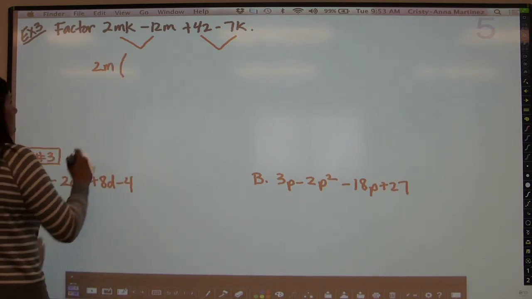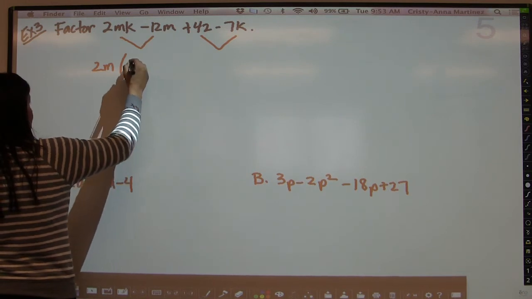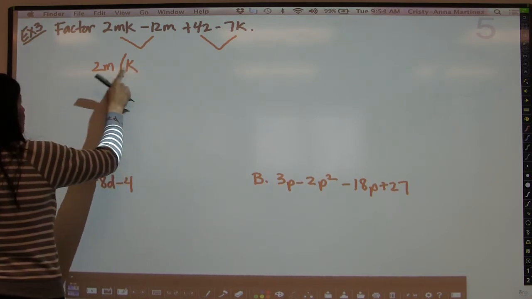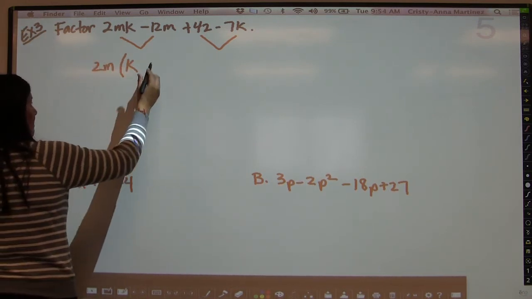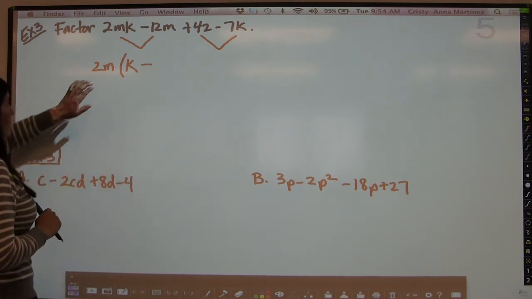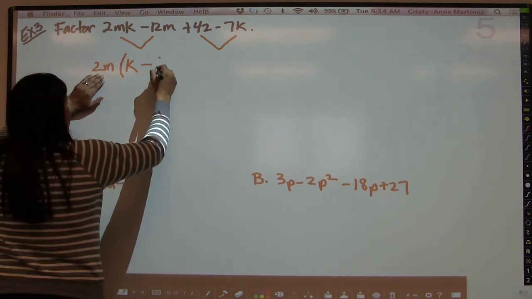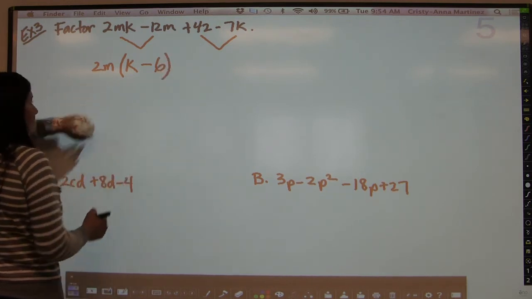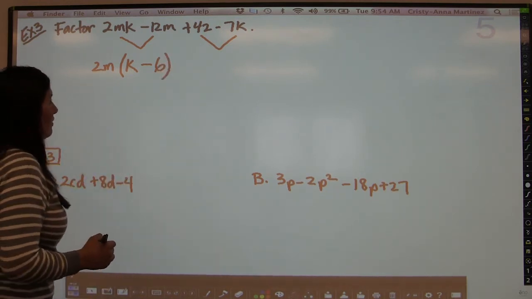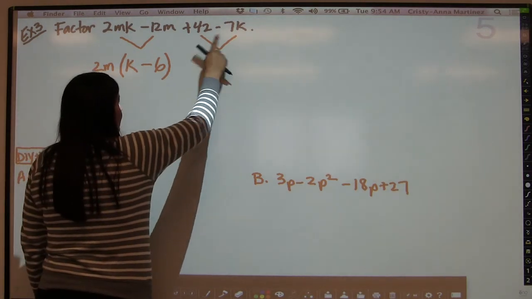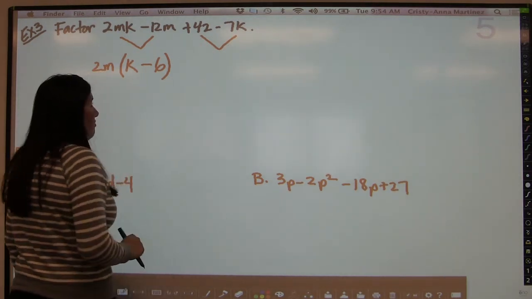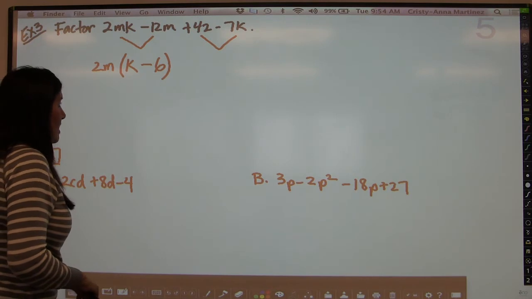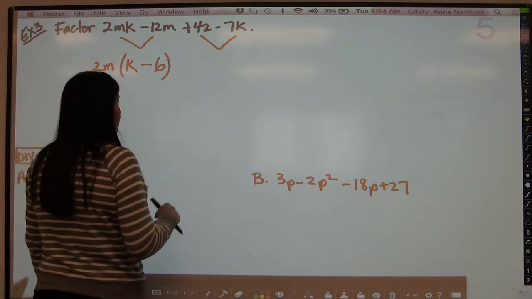And so 2m times what will give me 2mk? I need to put a k in here. So 2m times k is 2mk. And then I'm going to need a negative. And then 2m times 6 is going to give me negative 12m. Alrighty, so then over here I have a 42 and a 7k. They don't have any variable factors in common, but 7 is a common numerical factor for both of those numbers.